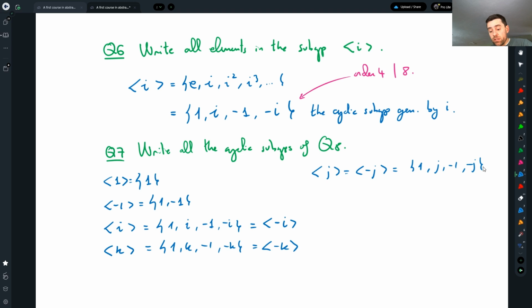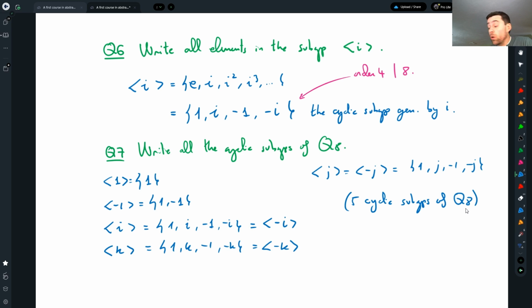Now, I have checked subgroups generated by any single element of Q8, so these are all of them. So there are 5 different cyclic subgroups of Q8. Okay.